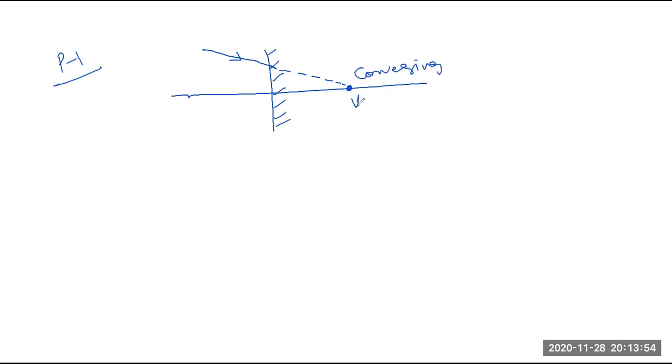So this is the virtual object. Now they will be reflected, following the laws of reflection. They meet here. This is the reflected ray, and this is the real image. So for a virtual object, a real image is formed.